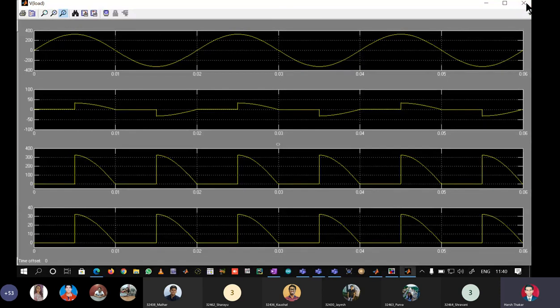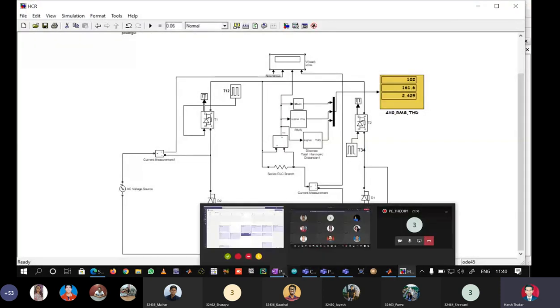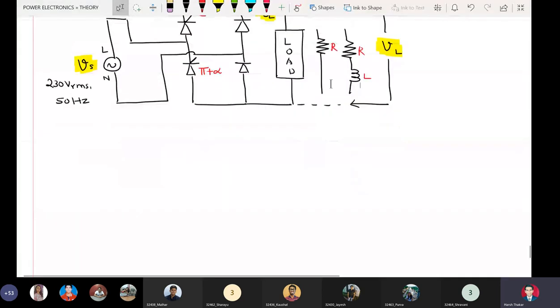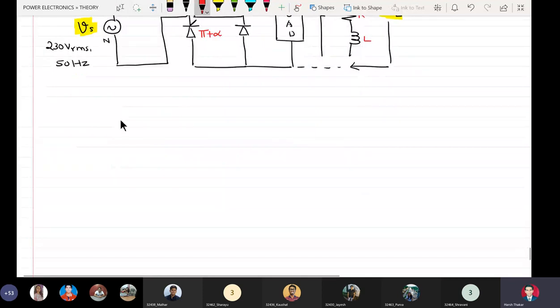So I will make the firing angle as 30 degrees. So let me first check 30 degrees corresponds to how much on the time scale. So now I want alpha equal to 30 degrees. So 30 degrees corresponds to how much in milliseconds?